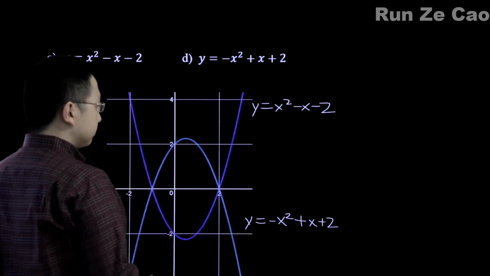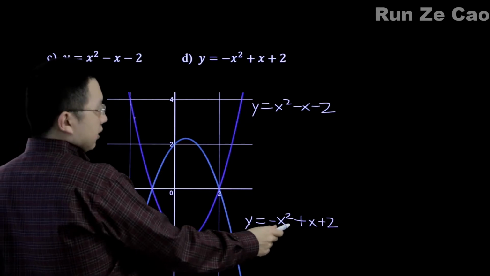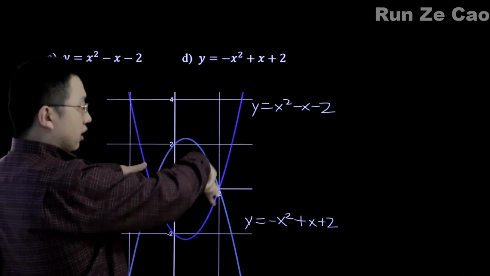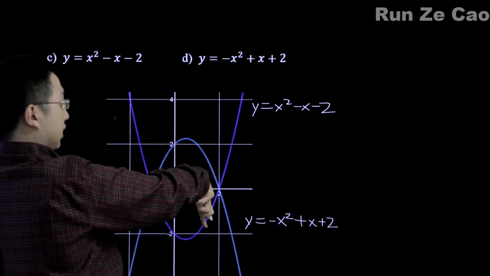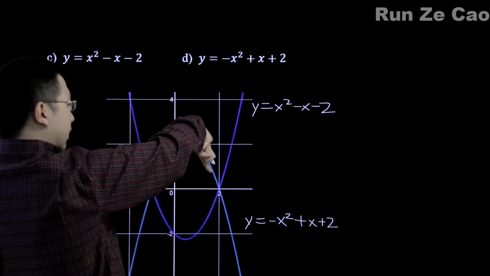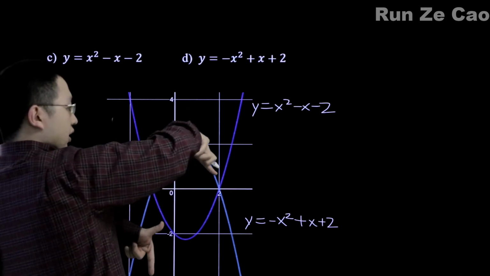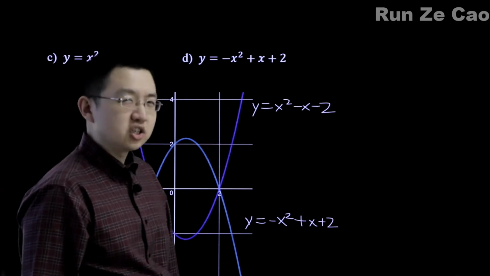And for here, we have the same idea: what happens when plus x bumps this part of what would have originally been a parabola pointed down like this? This part gets bumped up, that part gets knocked down. So overall, the whole thing turns a little bit, or seems to. It doesn't actually turn.